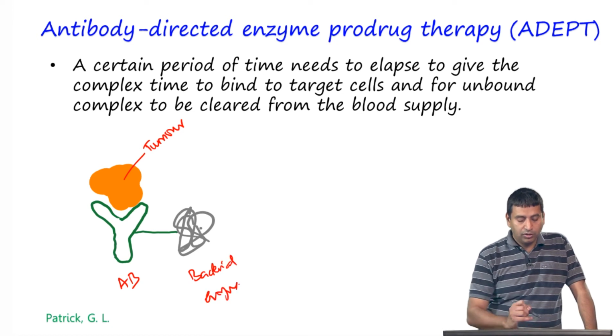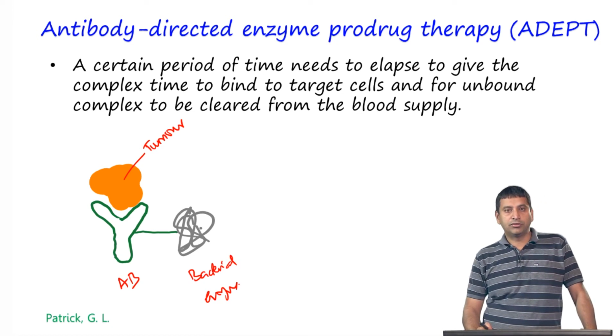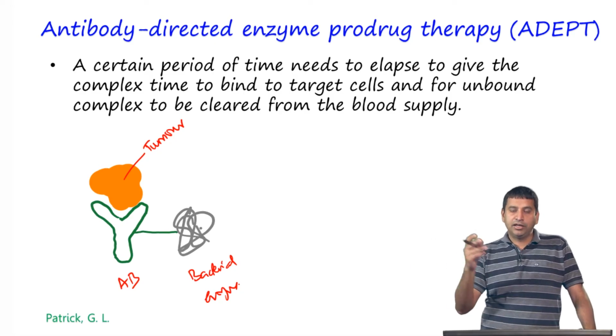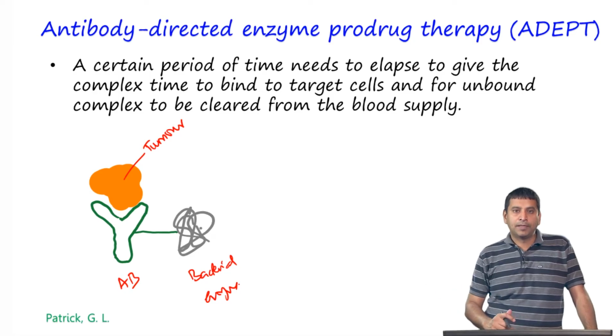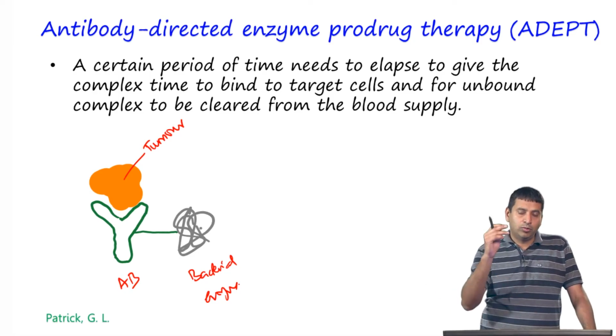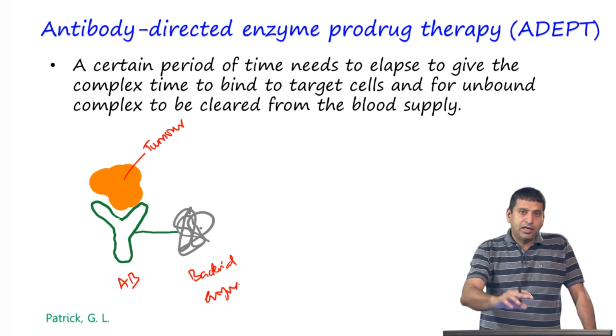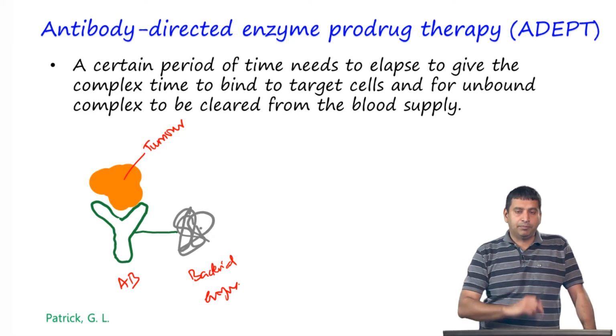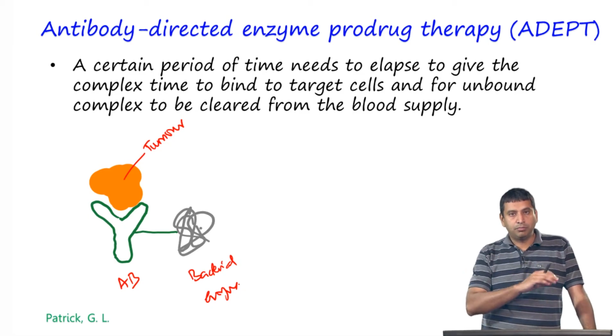Once you have this whole complex binding to the tumor, the rest of it which is not binding will be cleared from the blood supply. So the antibody binds to the tumor site, appended to the antibody is an enzyme, and this enzyme is not present in humans, it is a bacterial enzyme.